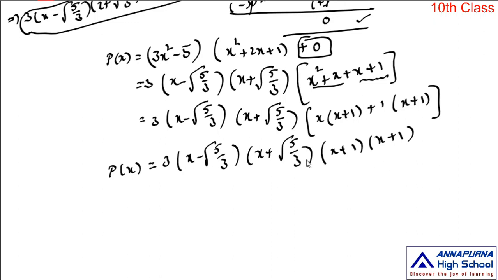So these 4 linear polynomials we take as linear factors. What are the zeros of this given polynomial?